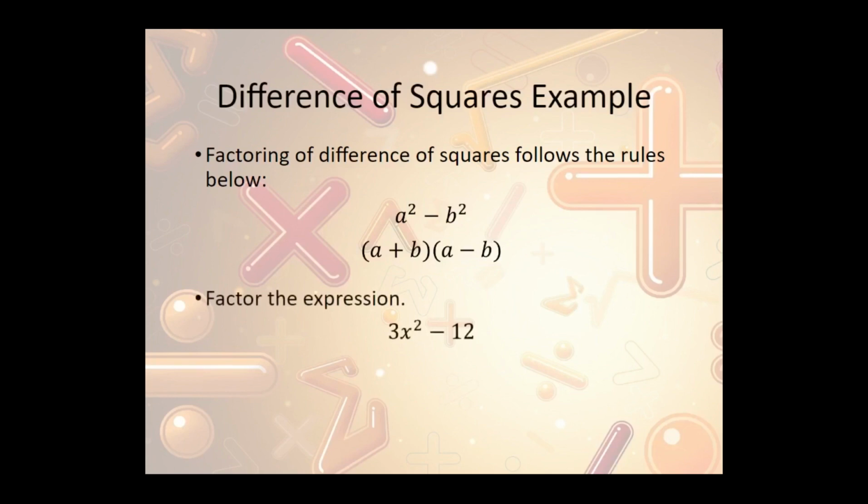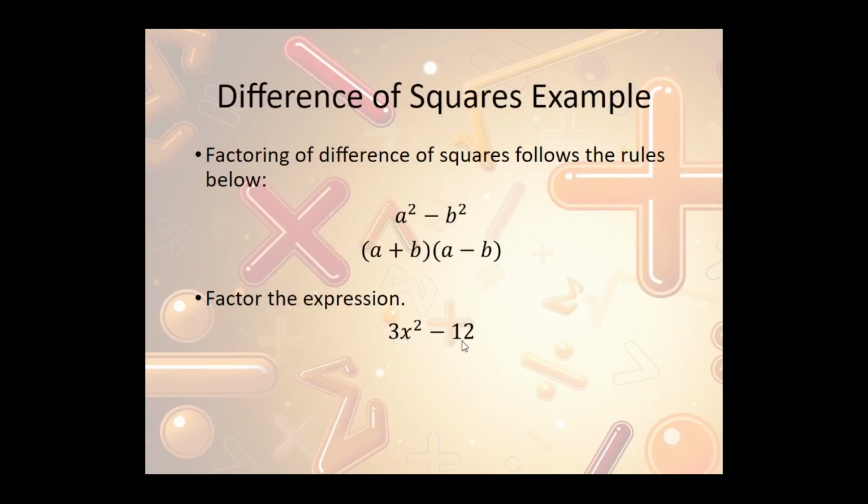Another example, 3x squared minus 12. Well, we can see that 3 is not a perfect square and 12 is not a perfect square. However, we can see if we can use our method from yesterday as well. So we can see if we can factor out a common factor first. Is there anything in common between 3 and negative 12?